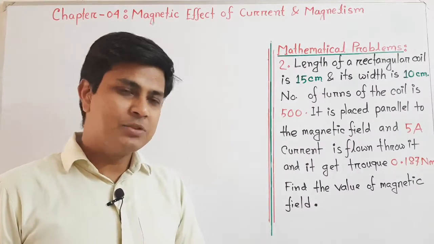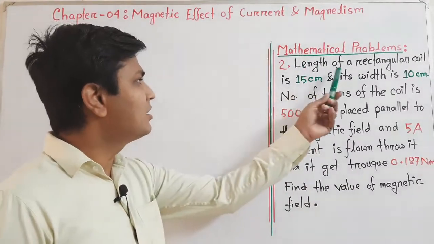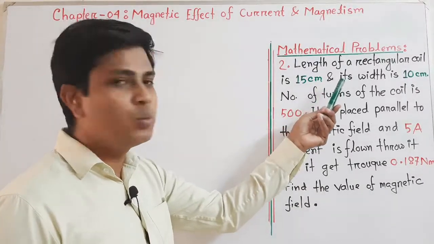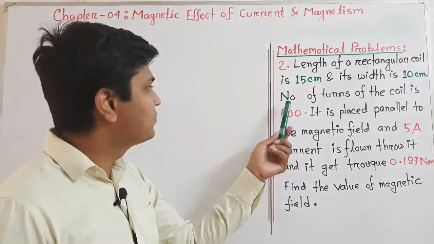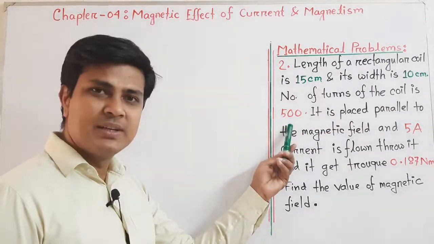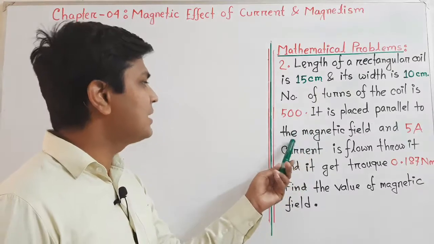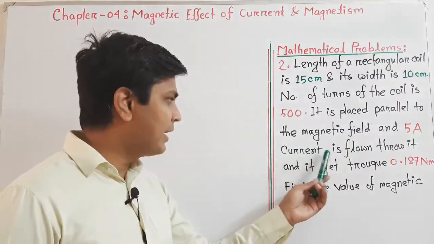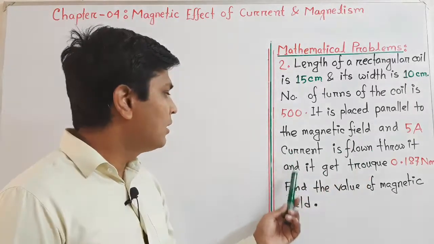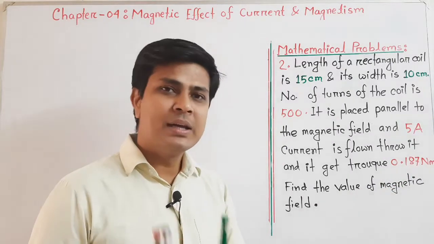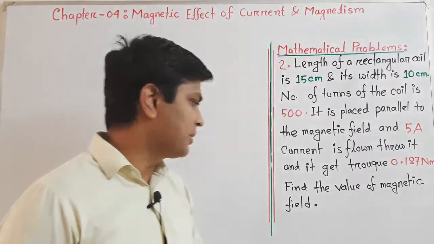Now question number 2. The length of a rectangular coil is 15 centimeter and its width is 10 centimeter. The number of turns of the coil is 500 and it is placed parallel to the magnetic field, and 5 ampere current flows through the coil and it gets a torque of 0.187 Newton meter.